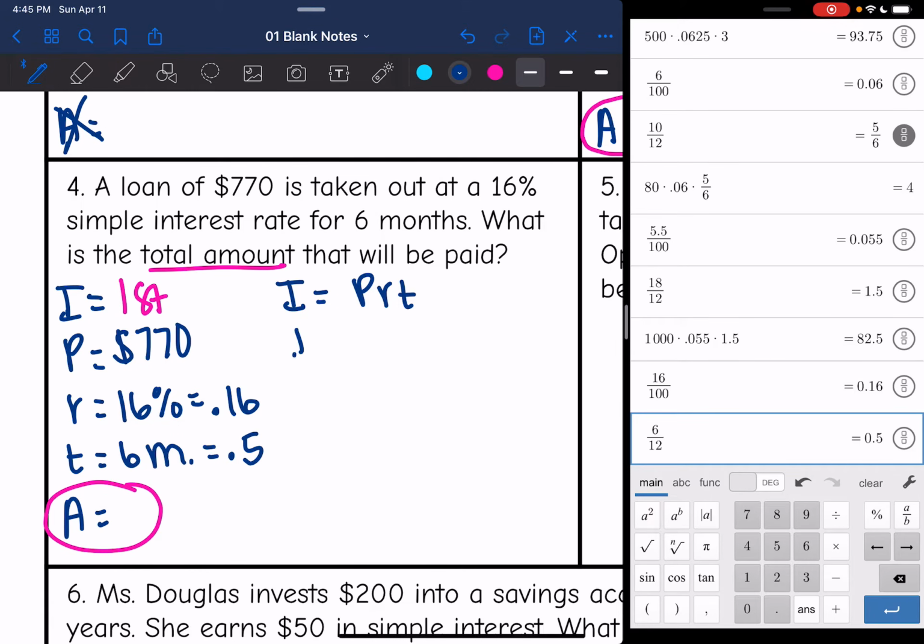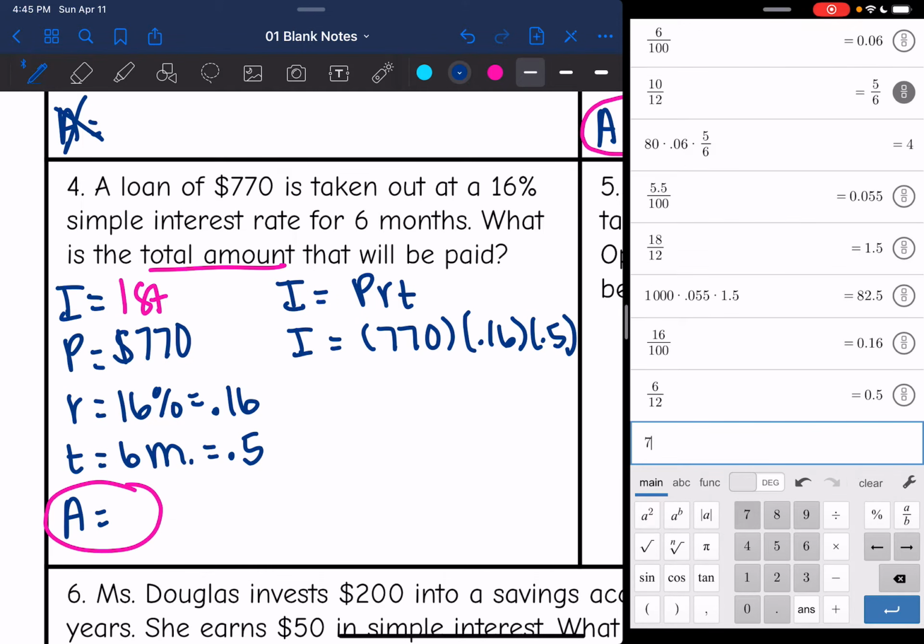So to find the interest, I will do 770 times the rate of 0.16 times my time of 0.5. So the interest is 770 times 0.16 times 0.5, and I get $61.60. That is the interest.